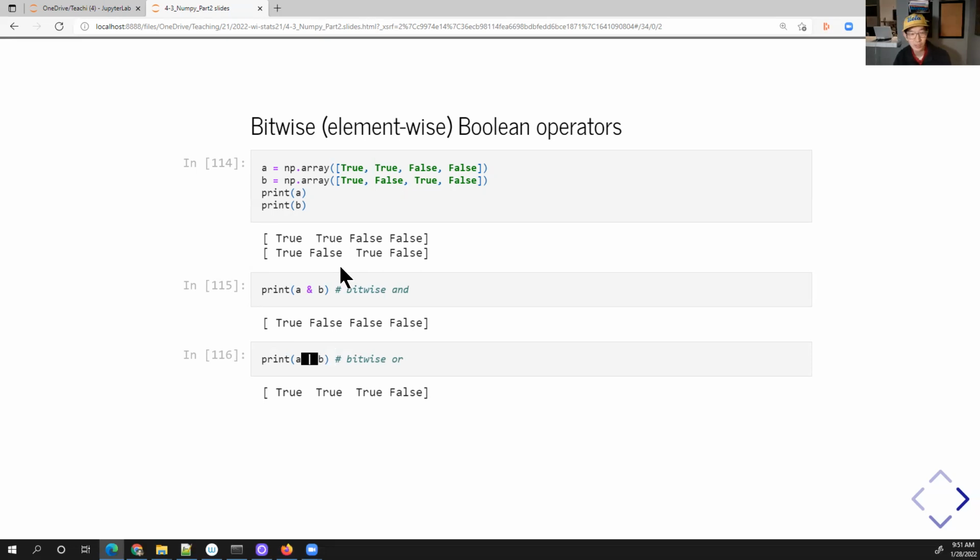You've already used that when you were doing your function programming. So the ampersand and the or symbols here do the bitwise and or, and they get applied to these NumPy arrays. Okay, and then this one's the exclusive or.